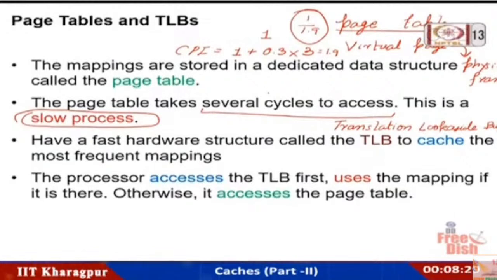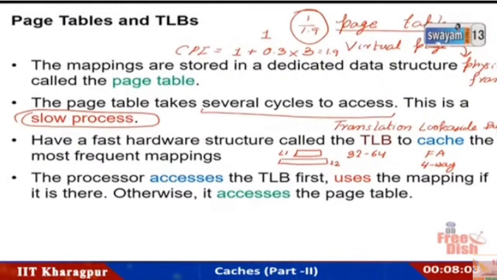The TLBs are typically very small and fast, so they typically have 32 to 64 entries. They are often either fully associative or 4 to 8-way set associative. In a lot of modern designs, they also have a 2-level TLB, in the sense they have a fast L1 level TLB and then a slightly slower L2 level TLB.